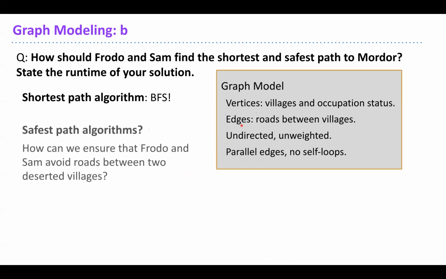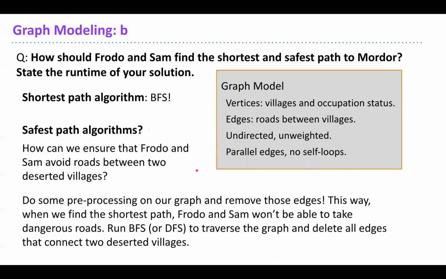So the shortest path would be BFS, and then for the safest path, let's see how we can do it. So one way that we can do it is we do some pre-processing on the graph and we remove these edges. So this way, when we find the shortest path, Frodo and Sam won't be able to take the dangerous roads.